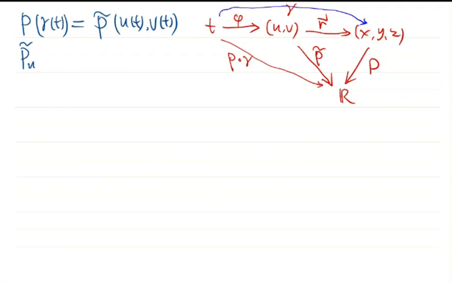By the chain rule, this is P_x x_U plus P_y y_U plus P_z z_U.